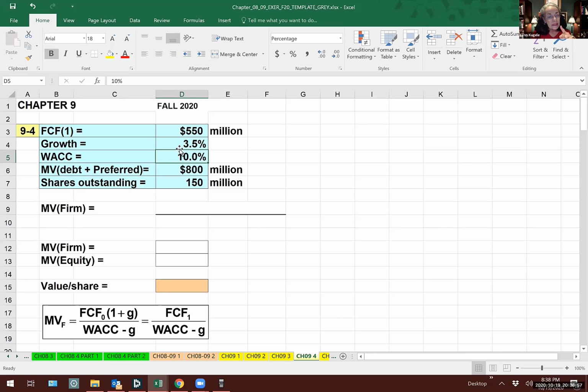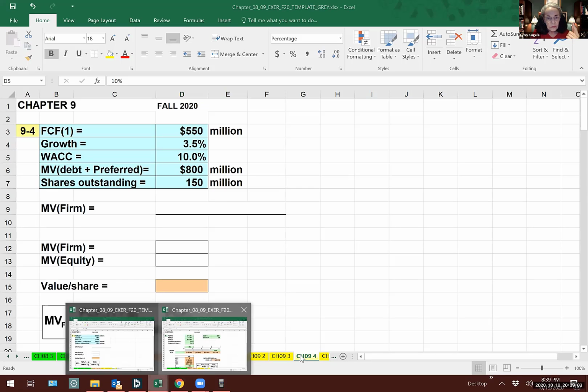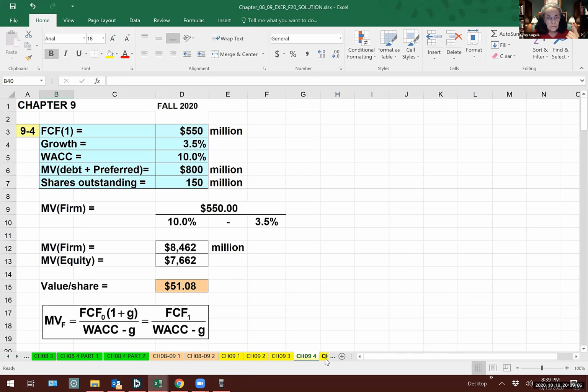Okay. In this case, it's going to be constant growth. Let me go back over to the solution. Which one am I on? 4. Yeah. I've got free cash flow 1. Here's your formula right here. Looks exactly like the constant growth for a share of stock, except we're dealing with free cash flow.